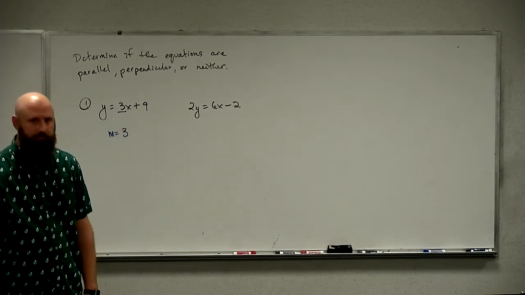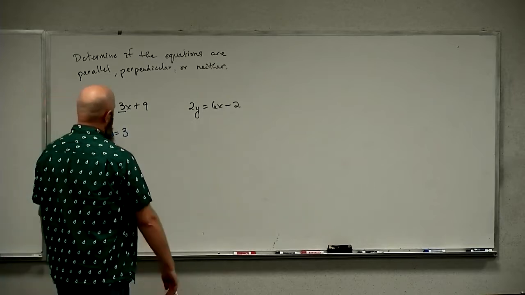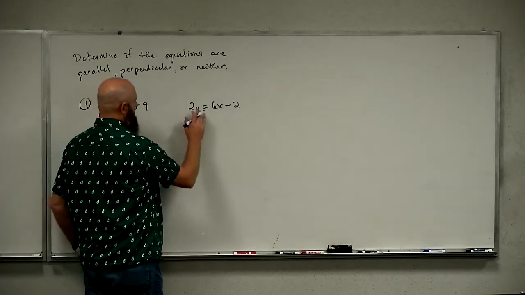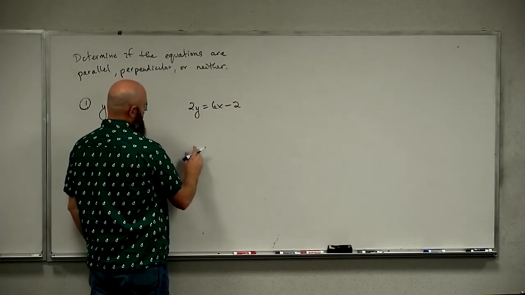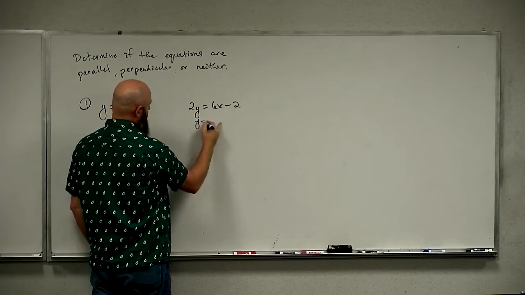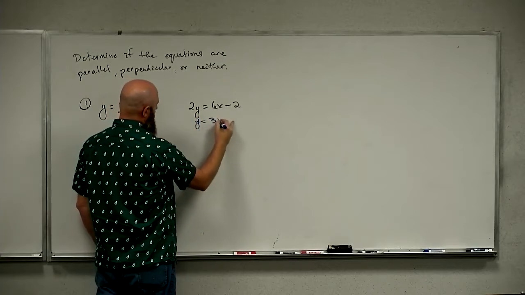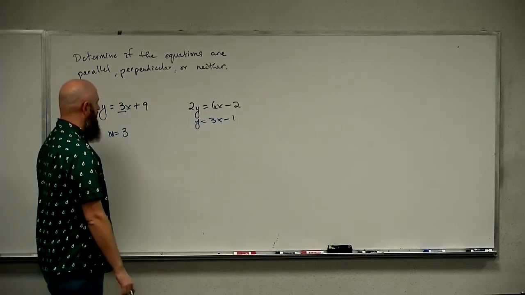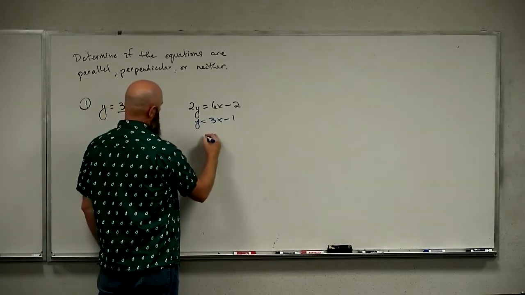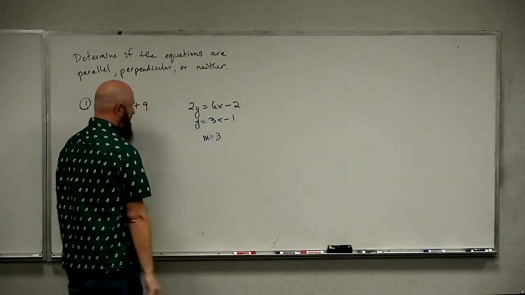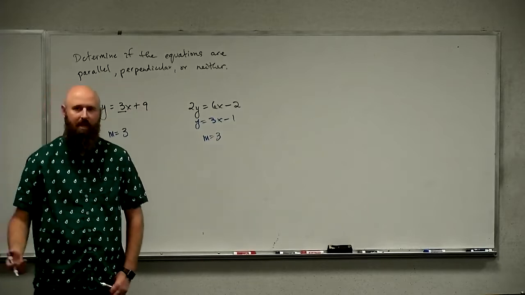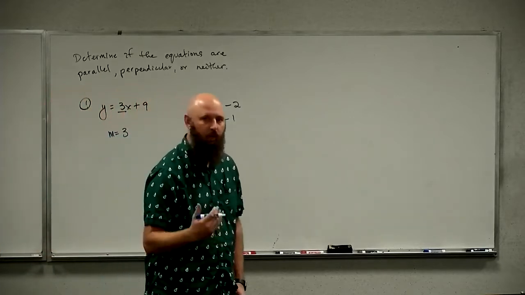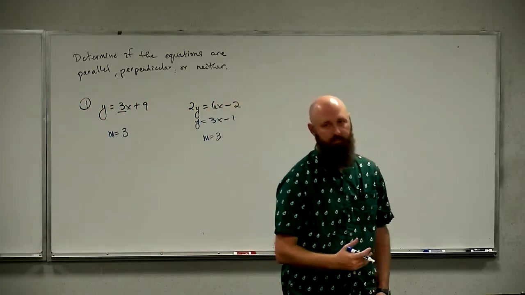Now our second one, y is not by itself, so we need to divide every single thing by 2. So divide by 2, we're going to get y equals 3x minus 1. Okay. Now again, here my slope is 3. So the first question we ask is for parallel. Are those two numbers exactly the same?